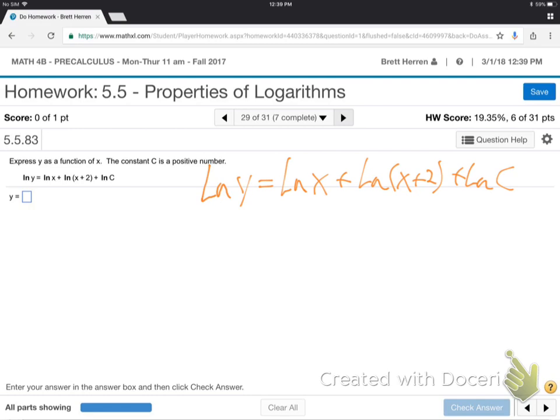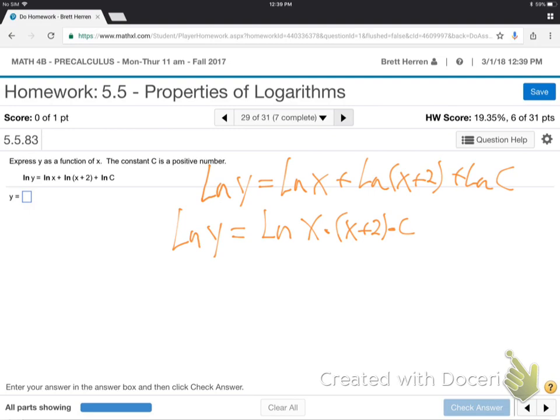Adding for three logs is going to become multiplying for one log, isn't it? So this is x times x plus 2 times c.